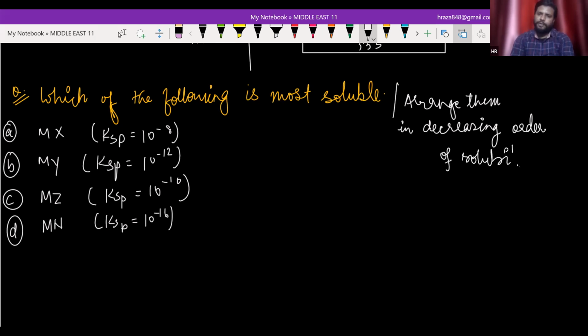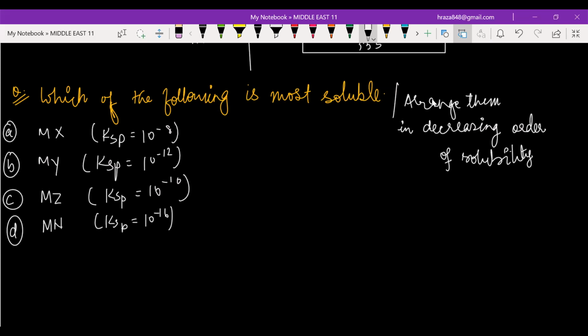If Ksp is given, which salt is more soluble and which salt is less soluble? So can you solve it? Yes, sir. Okay, do it.